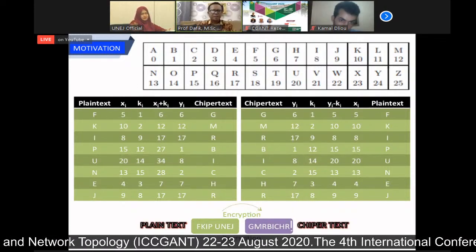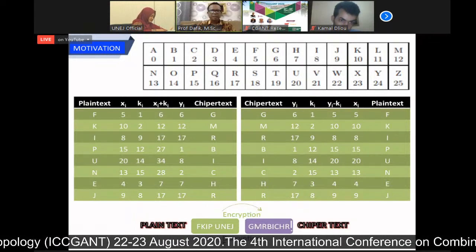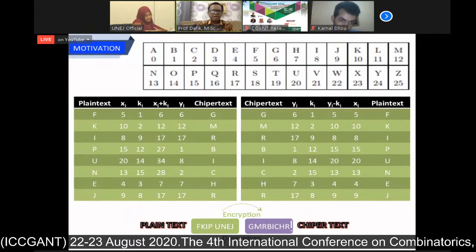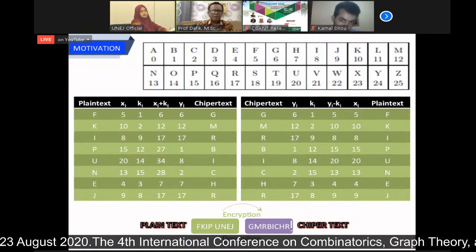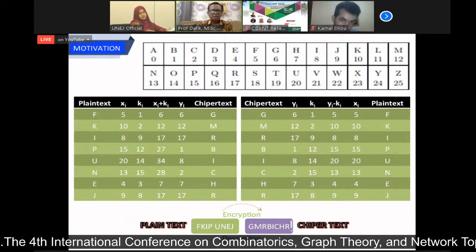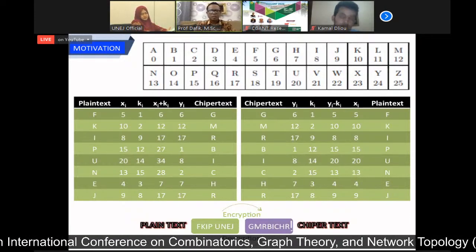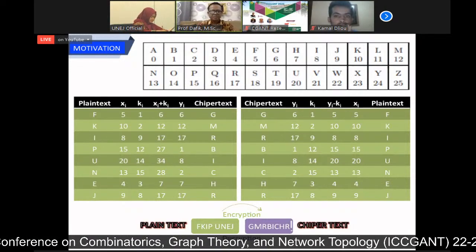For example, consider A, B, C, D, E, F, G, H, I, J, K, L, M until Z, and we put an assignment where A starts from 0, B is 1, C is 2, until Z is 25. Of course, completely we have modulo 26.